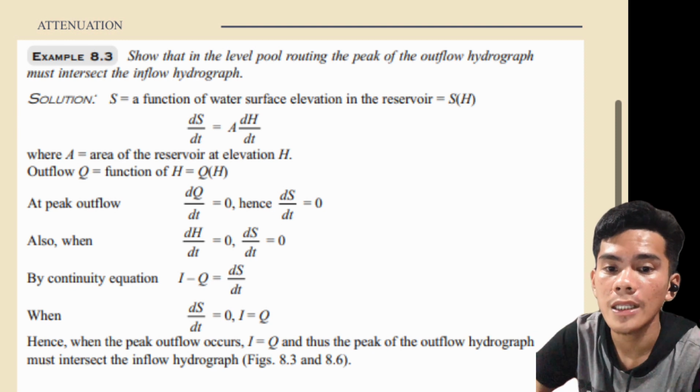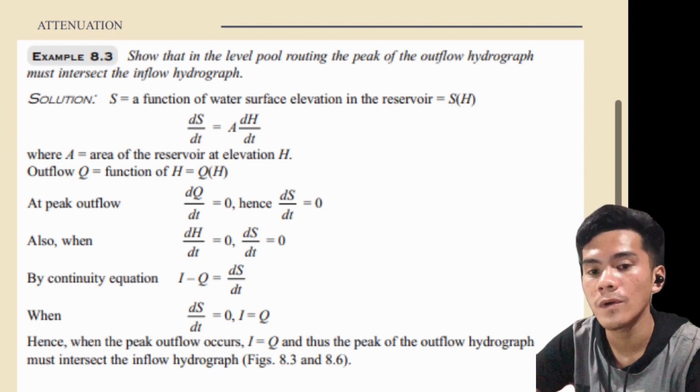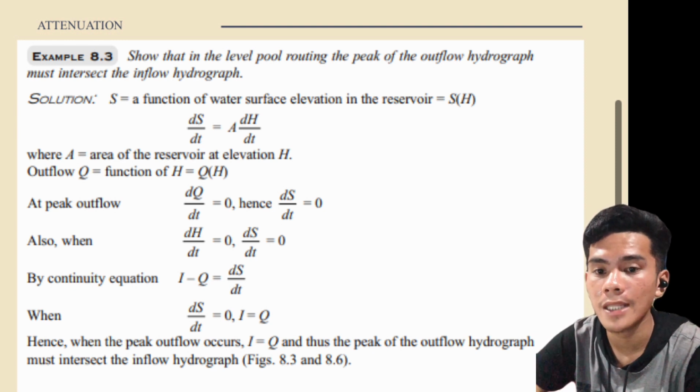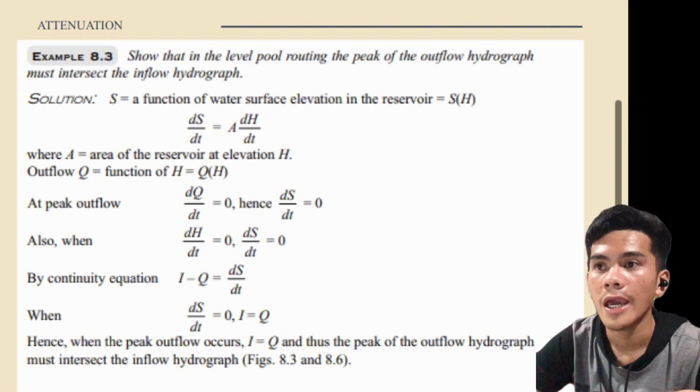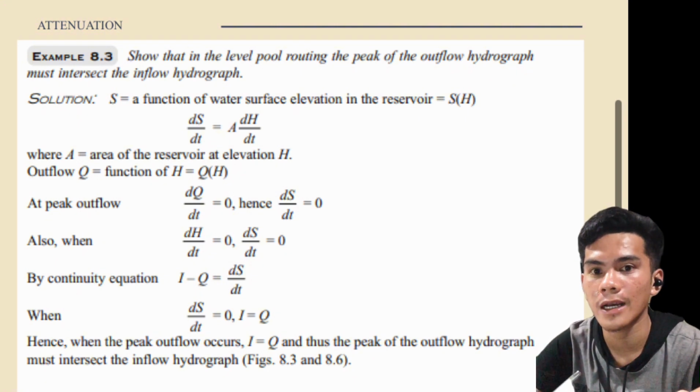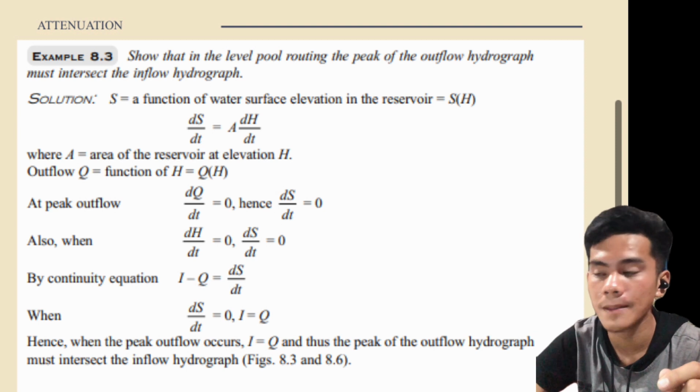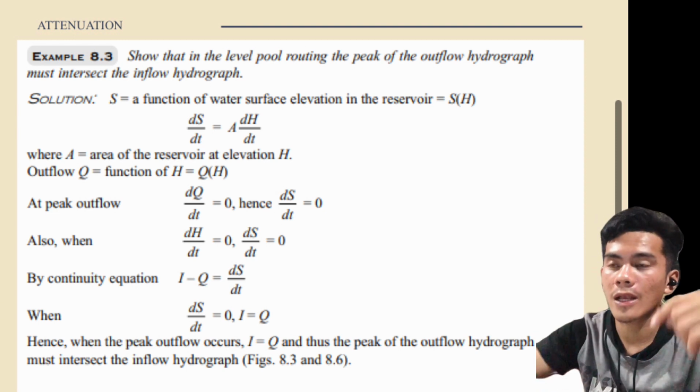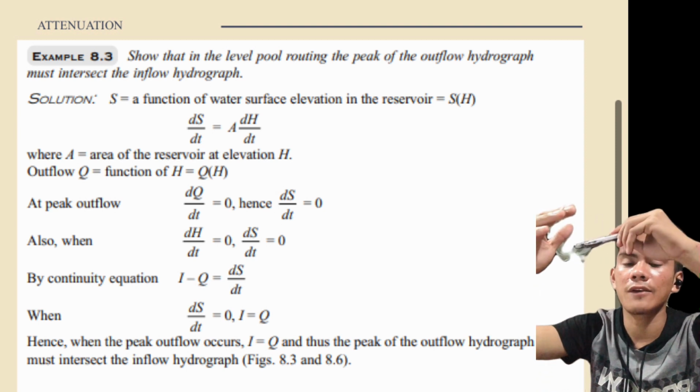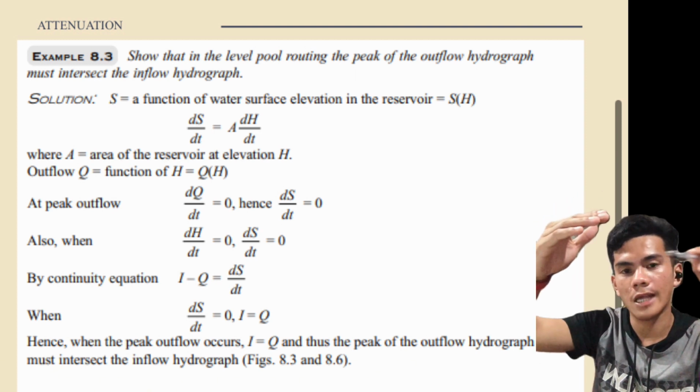It is really important that the peak of the outflow hydrograph intersects the inflow hydrograph, as seen in the sample figure where the inflow curve and the outflow curve intersect.